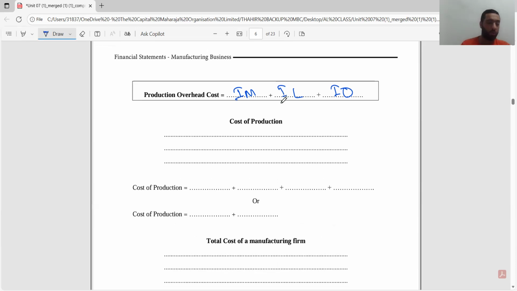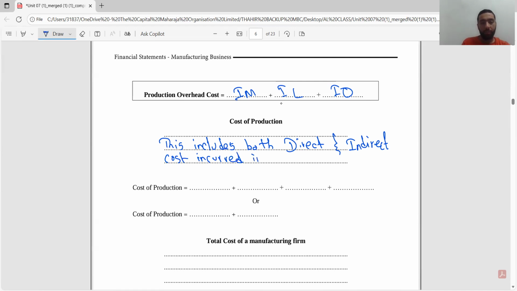Next one, cost of production. This includes both direct and indirect costs incurred in the production process.